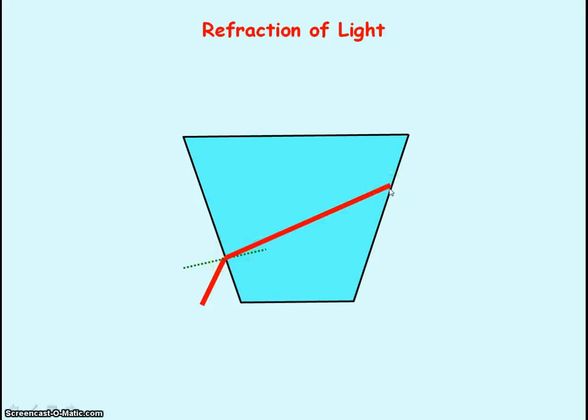Now, if we consider the refraction of this light out of the block, again at this point we need to draw the normal line. Remember, that is 90 degrees to the surface.